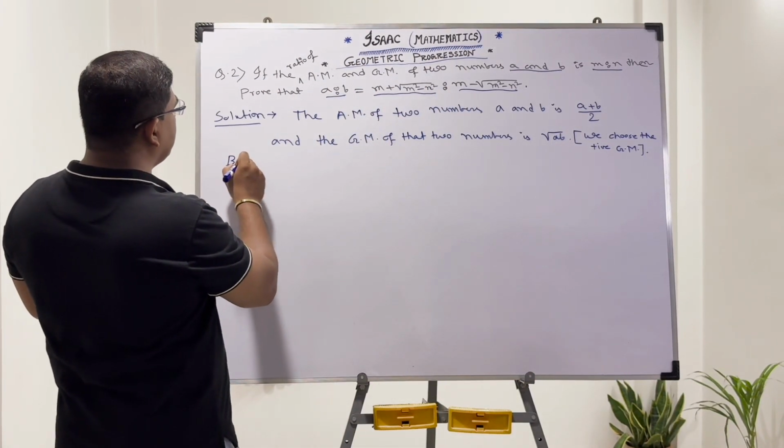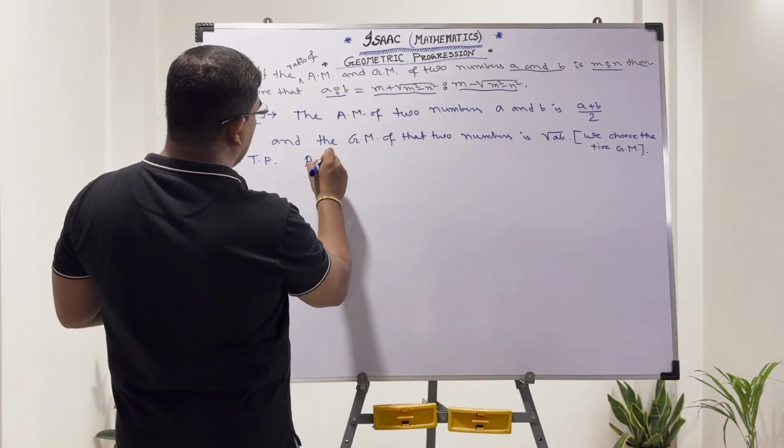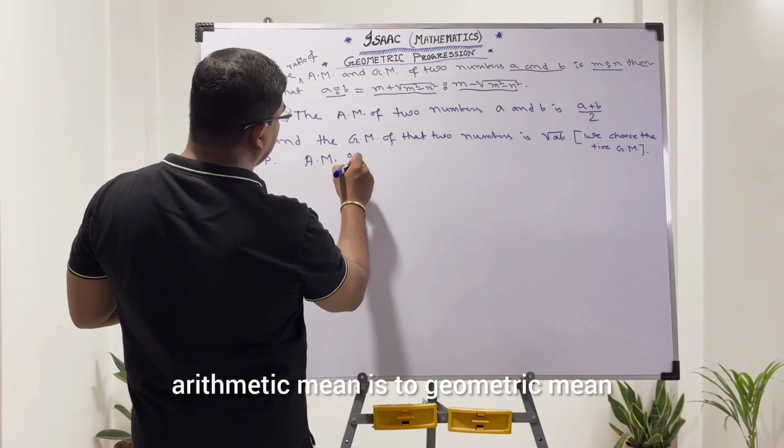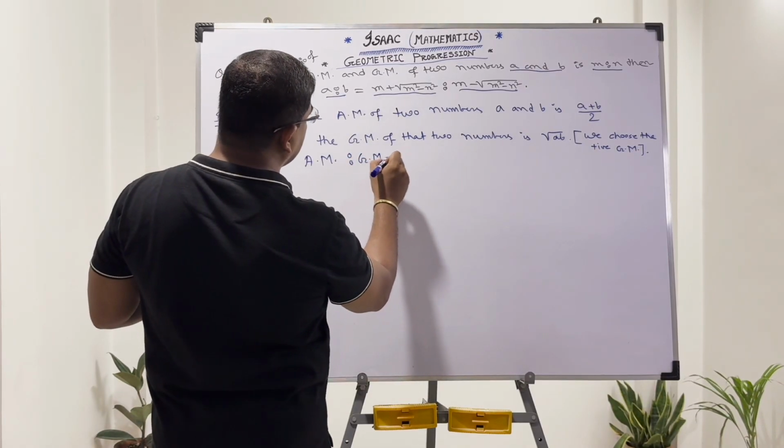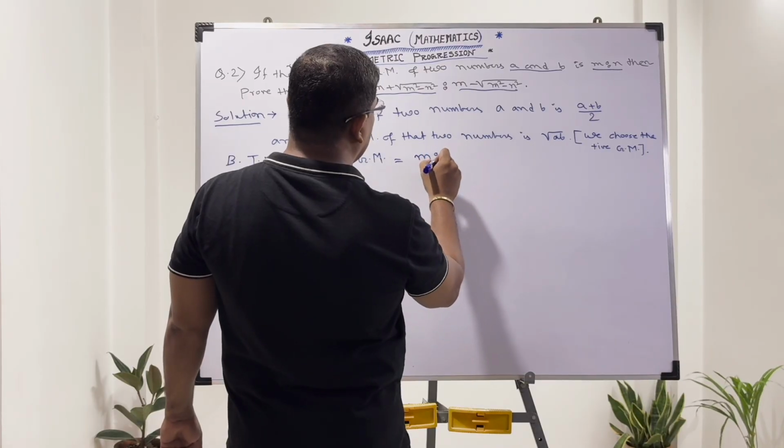By the problem, arithmetic mean is to geometric mean equals to m is to n.